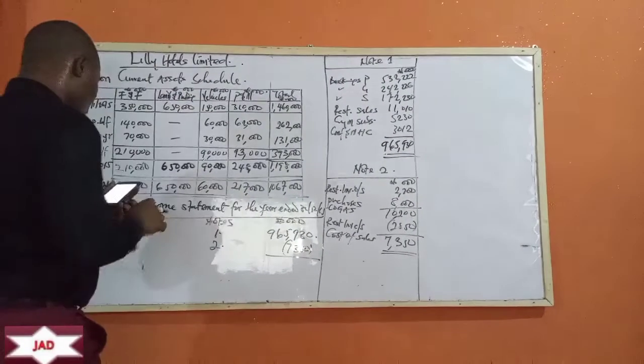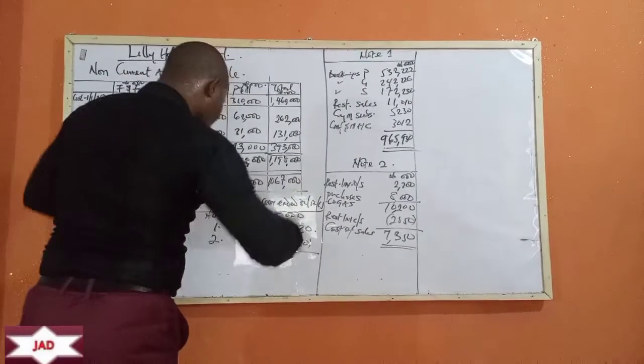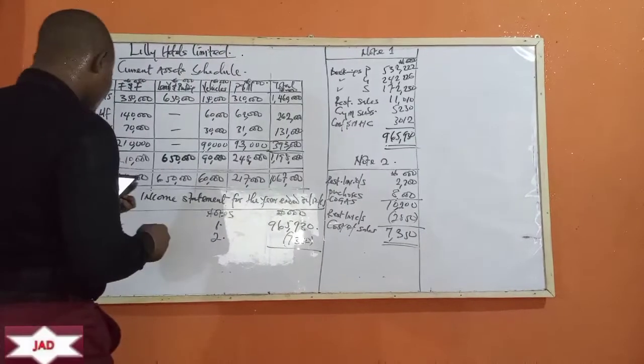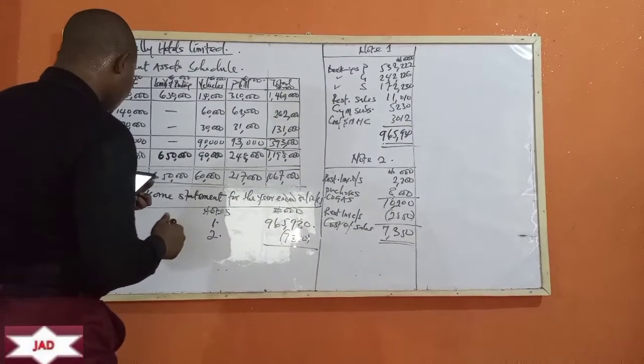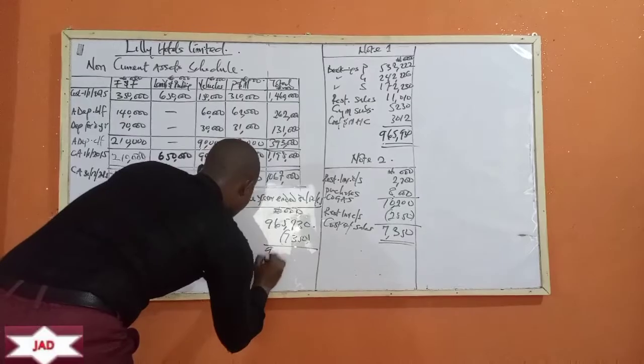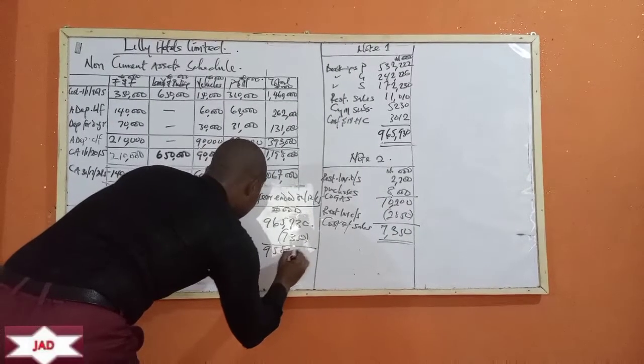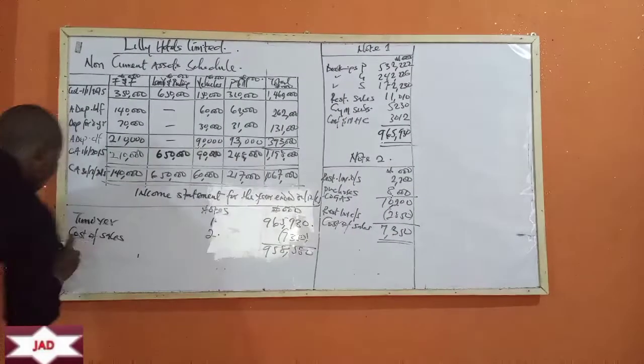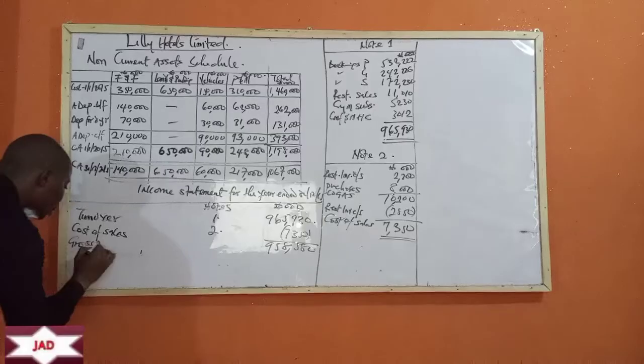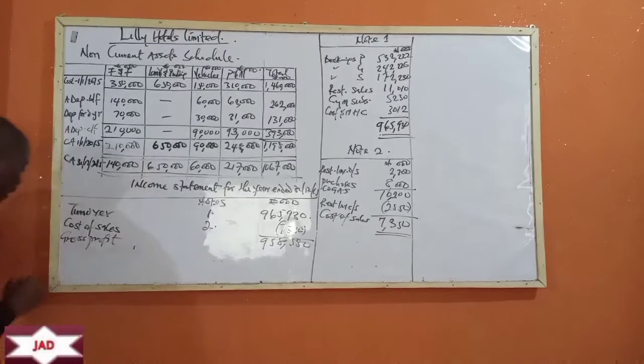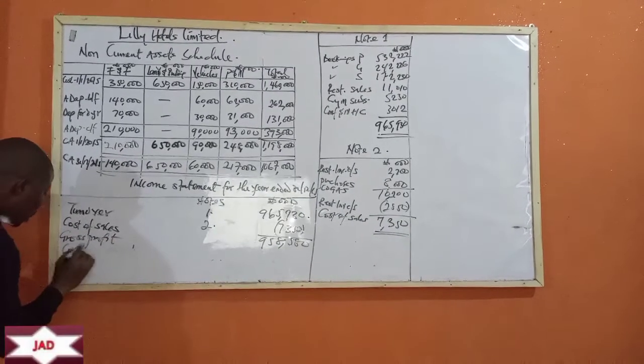Of course, in your usual class you have all this, so it shouldn't be an issue. So we have 958,580. So we'll call this what? Gross profit.